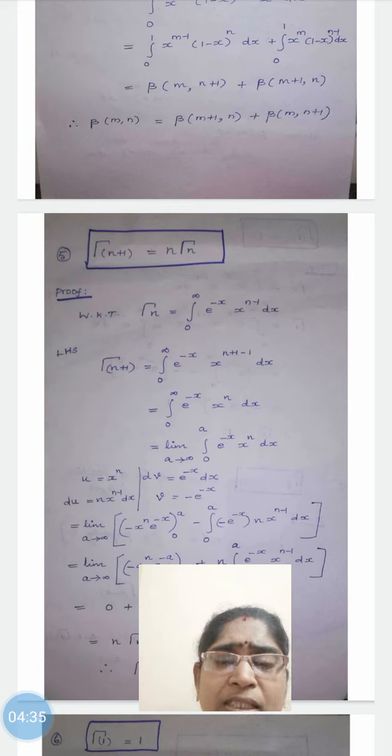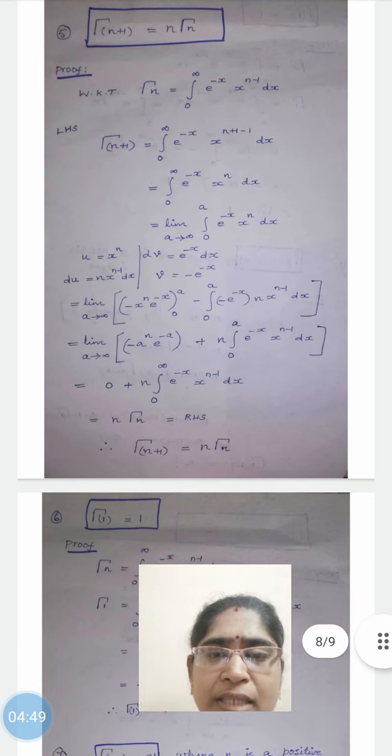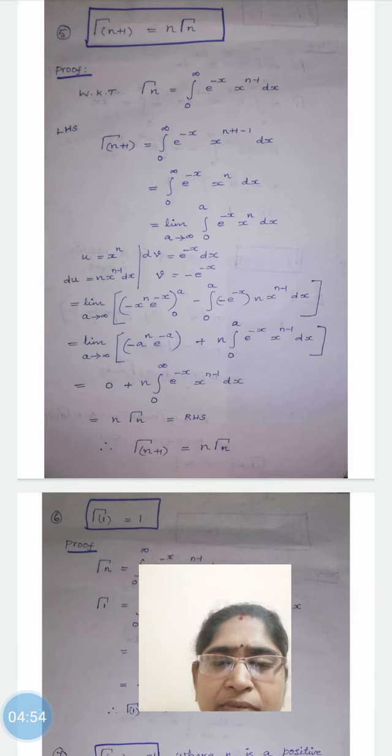This can be written as limit a tends to infinity integral of 0 to a e power minus x into x to the power of n into dx. Now this is of the form integral u dv. After substituting the formula and taking the limit as a tends to infinity, we will be getting n into gamma n, which is nothing but our right hand side.